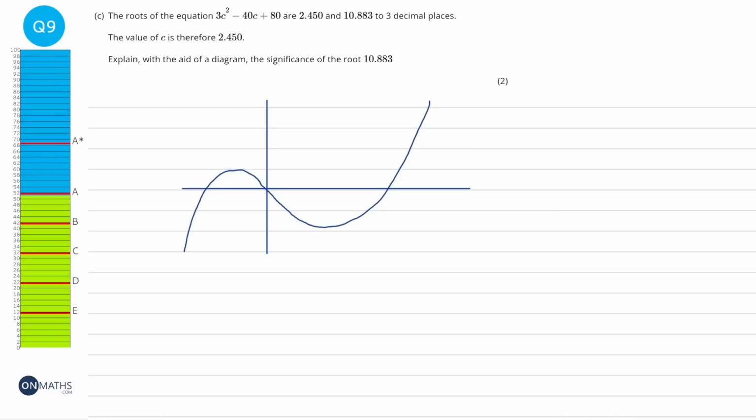And so the issue we have is that the R1 and R2, so this is R1 and R2 here, the root will be basically c, right? So the value of c would be 2.450, so it would be here.